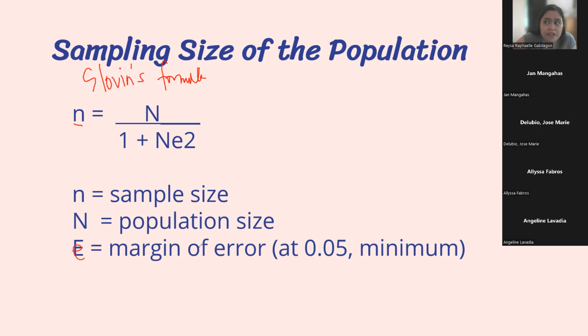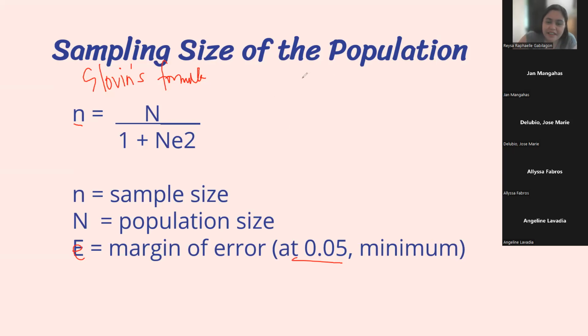Because we are giving room for mistakes or error in our research, since again, we are not doing a population study. We are only sampling. So we are not expecting a 100% accurate result. So a minimum of 5%, that will be our margin of error. So for the remaining 95%, we are confident that the result we get is correct.